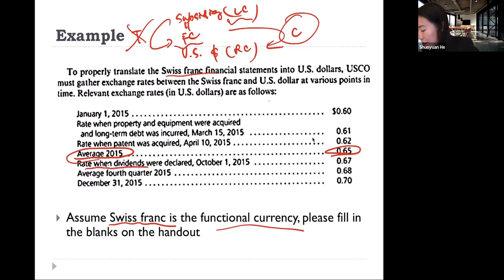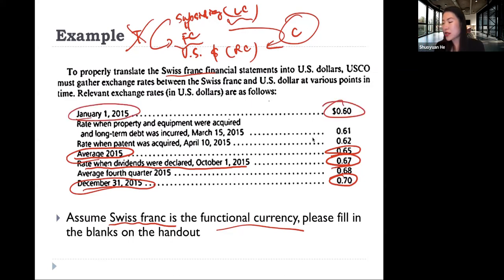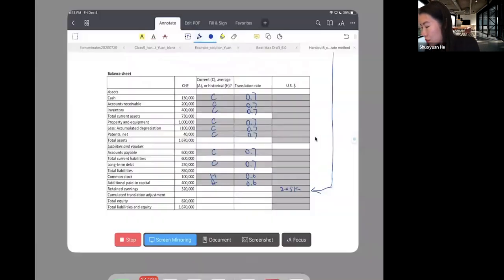That is the rate when the dividend was declared. Current rate 0.7 is the rate at the end of the year. And the historic rate of the common stock and the additional paid-in capital is the rate when the common stock was first issued, which is 0.6. So those are where the rates come from.